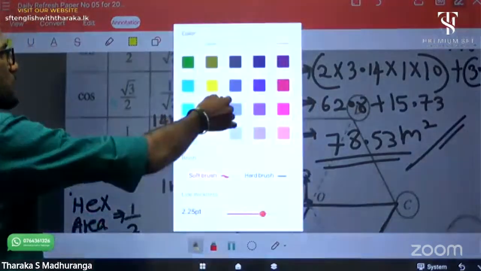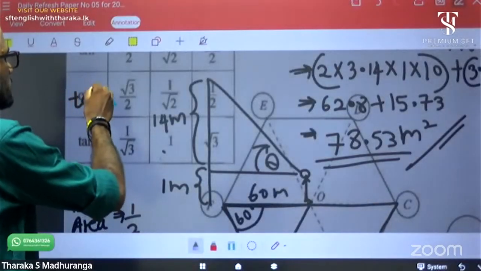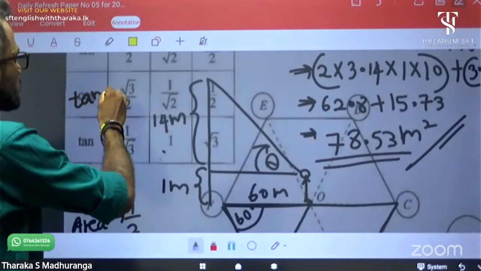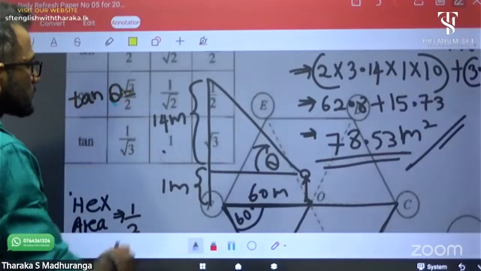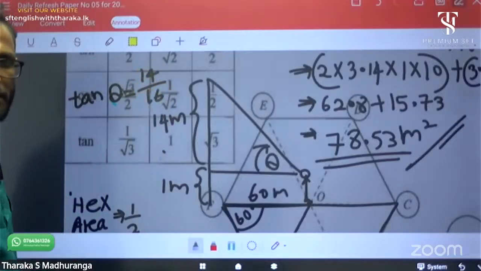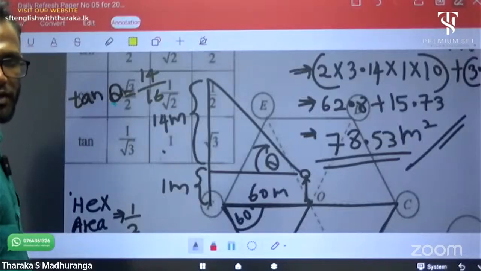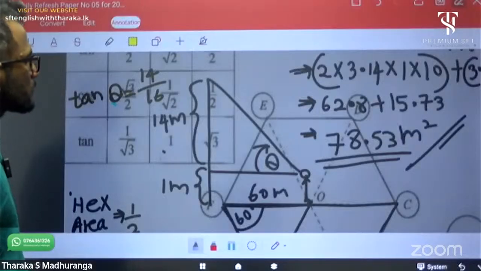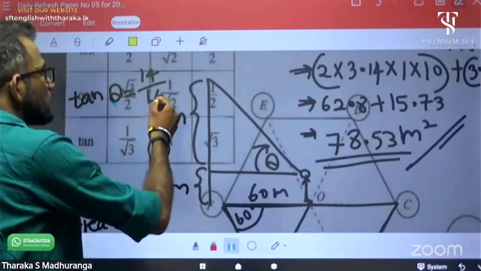What's the tangent? Tan theta equals opposite over adjacent, 14 over 60.